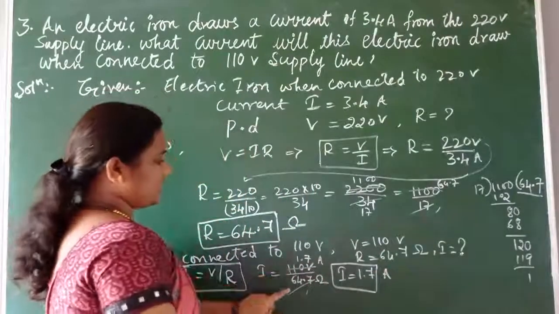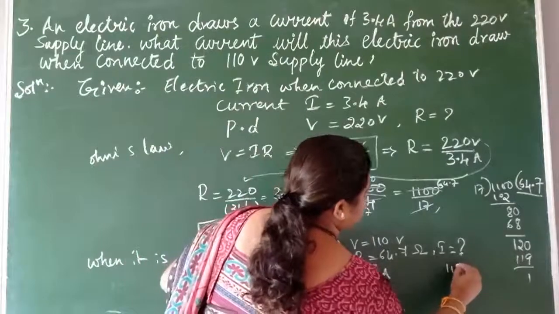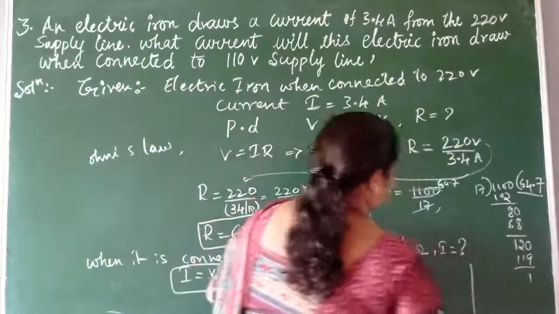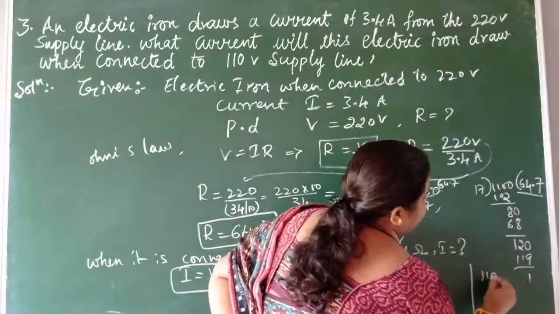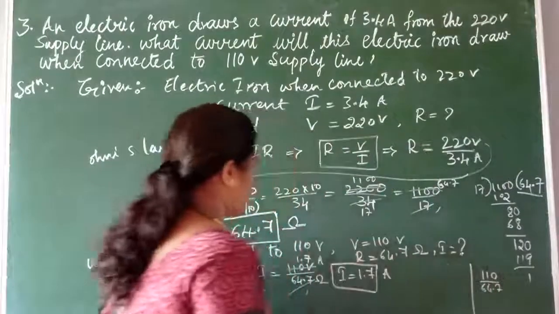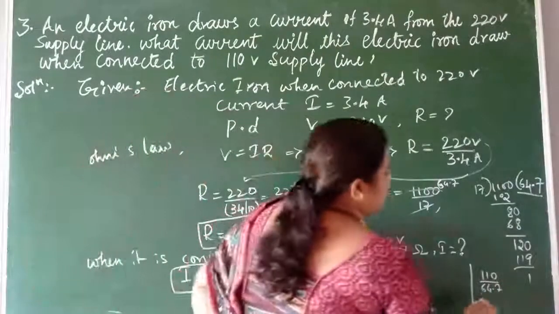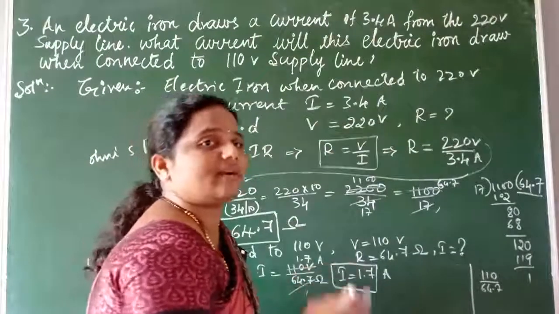Okay children, shall we see this once? We will do rough work here. That is how much? 110 divided by 64.7, isn't it children? So now 64.7 can be written as 647 divided by 10.